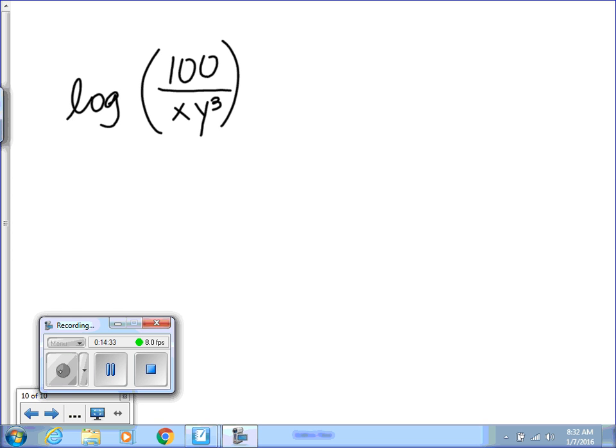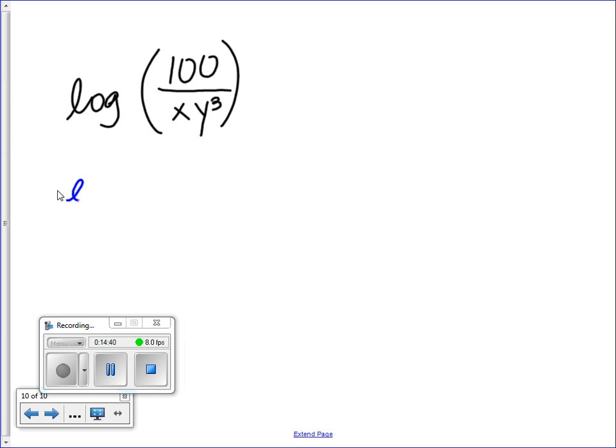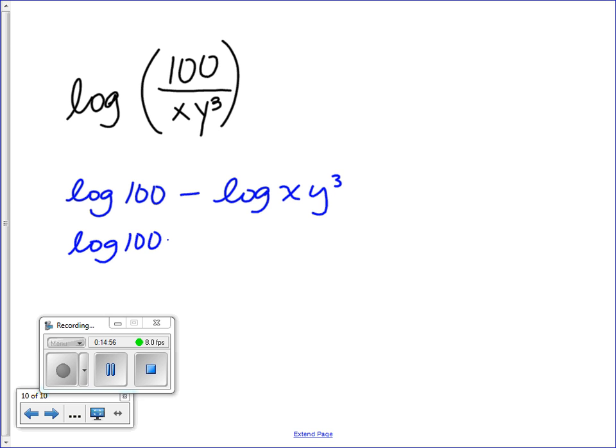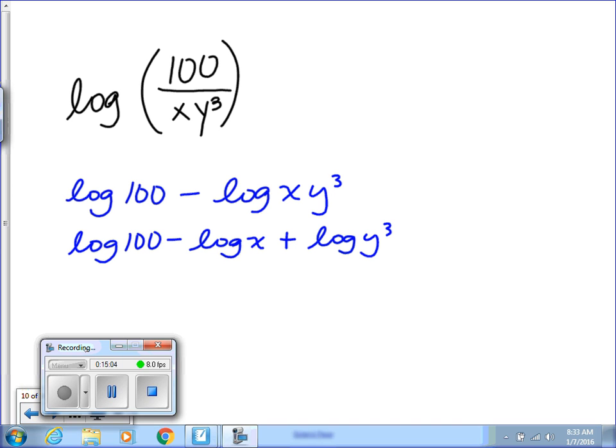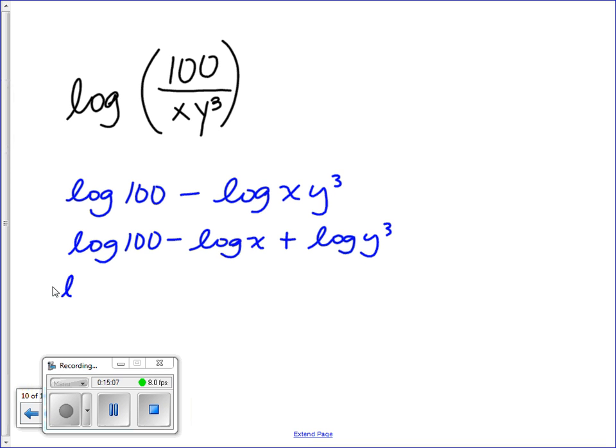Alright, let's take this step by step. What do I want to do first? Subtraction. Okay, so log 100 minus log xy cubed. What else? Alright, log 100 minus log x plus log y cubed. Okay, move the 3.